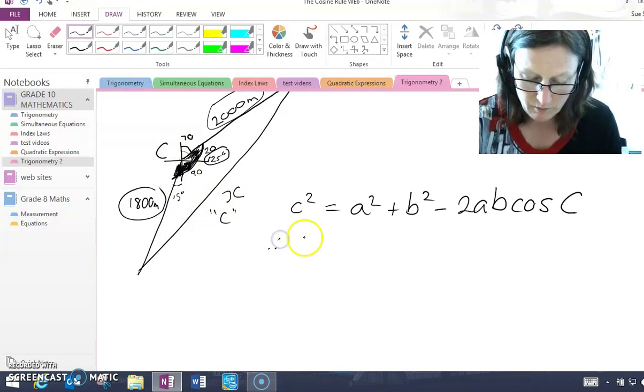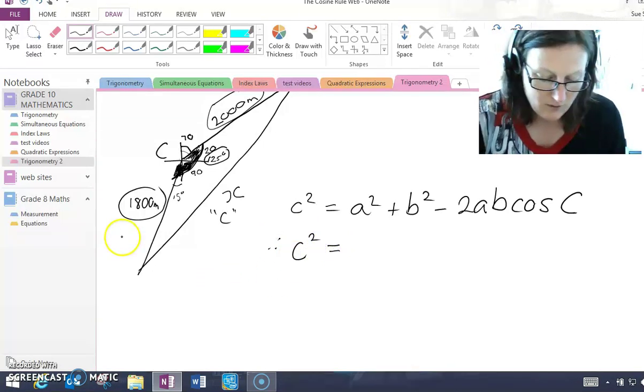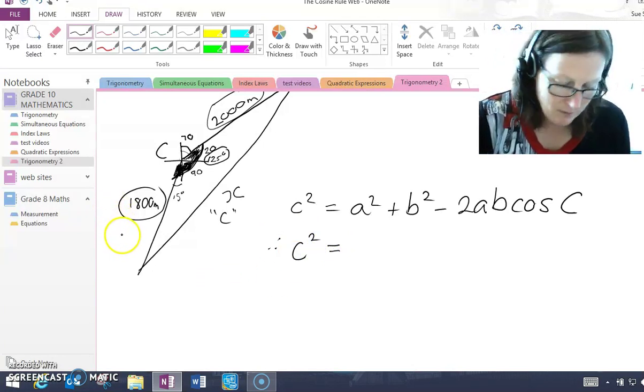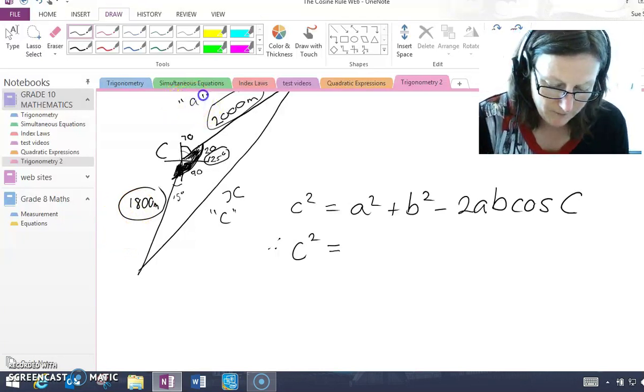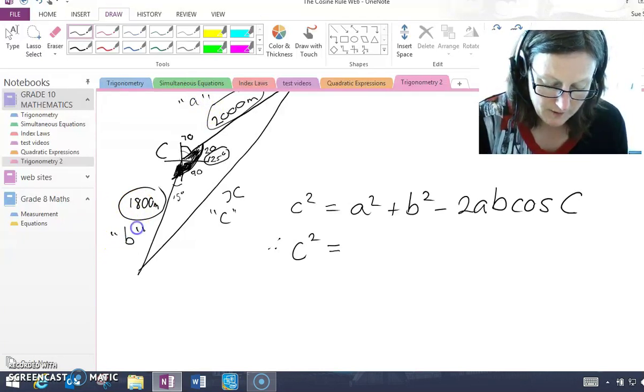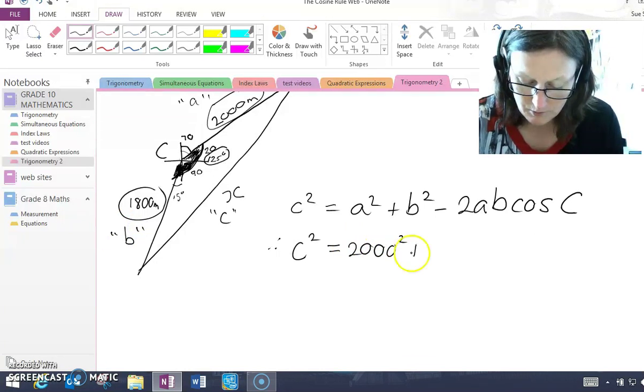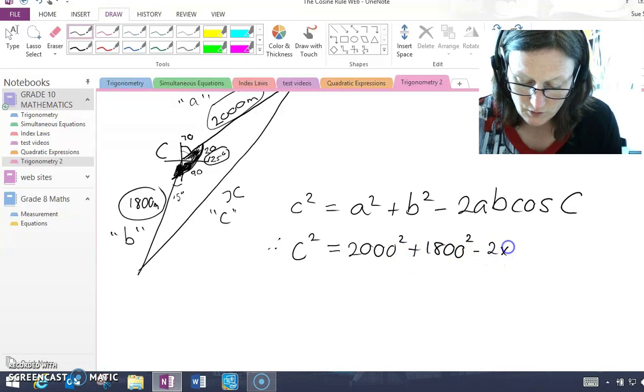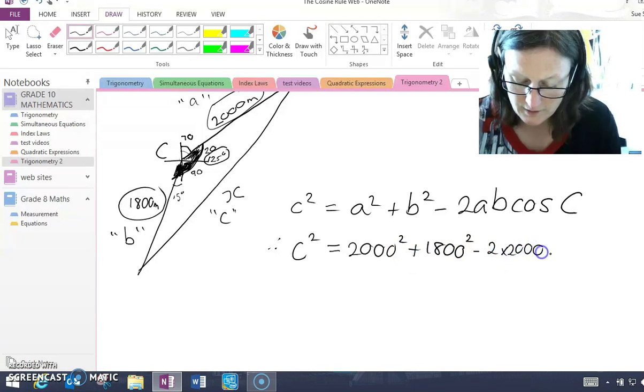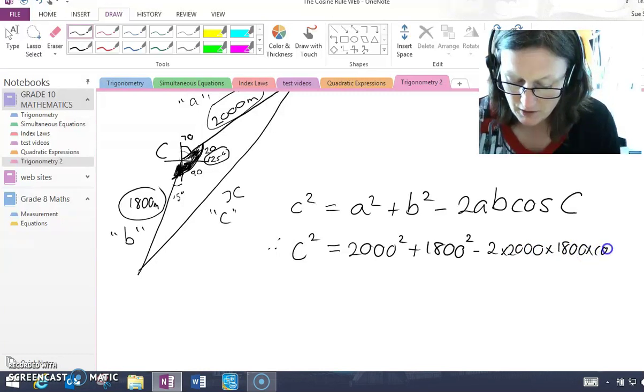So let's write in what we know. We're trying to find C squared. Let's call this, for example, A, and this B. So we've got 2,000 squared plus 1,800 squared minus 2 times 2,000 times 1,800, because B is 1,800, times by the cos of 125.